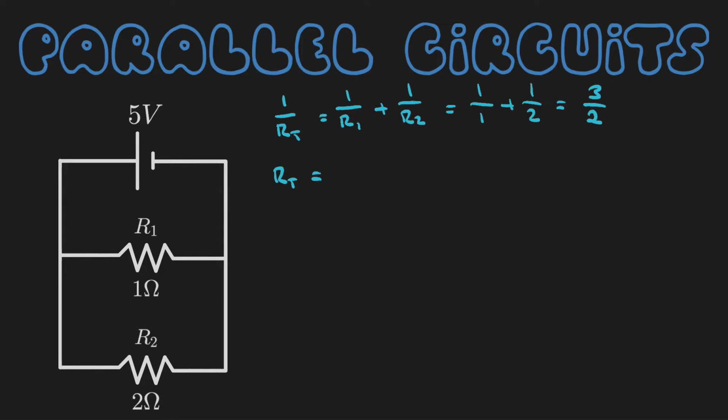So RT will then equal 2 over 3, which is equal to 0.6667 ohms. Okay? Now that we've found the equivalent circuit for these two, the circuit itself will actually look something like this.